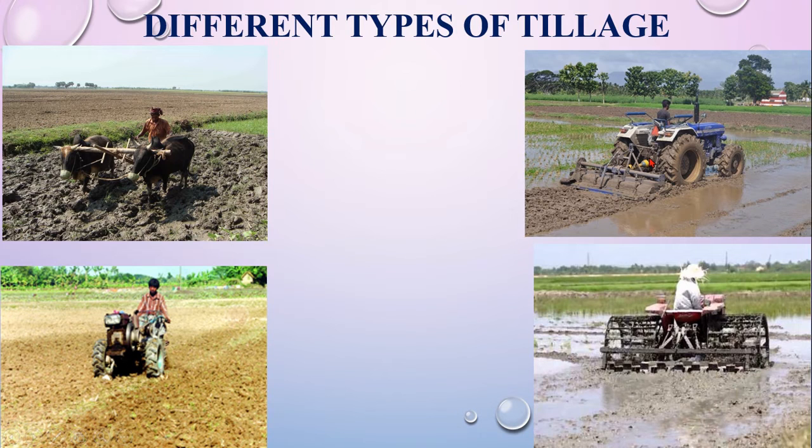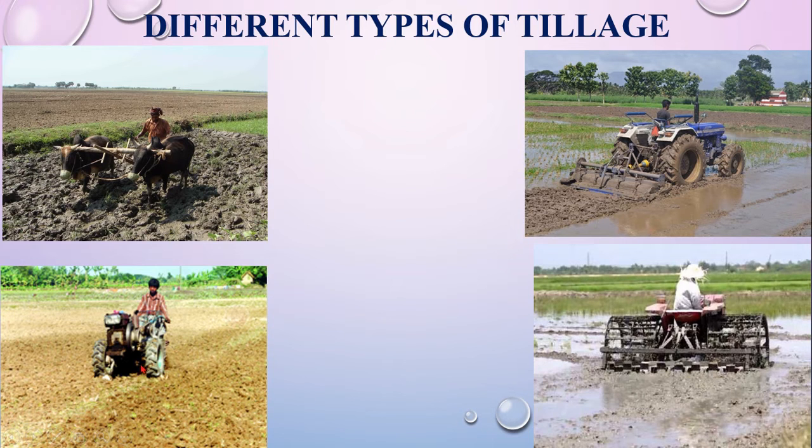You see on the right-hand side, top corner, they use the tractor for cultivating the land, which is a little bit expensive but very easy for the farmer. And with these machines they can do a large area within an hour or within a short period of time.